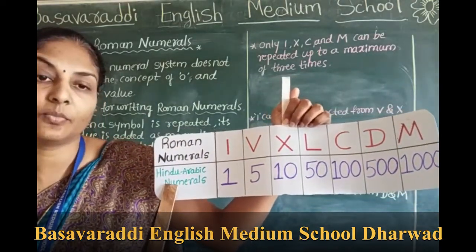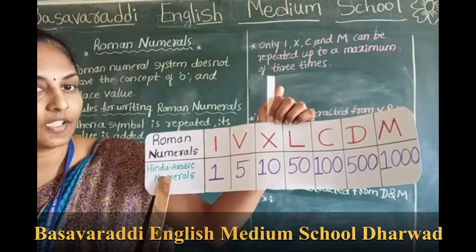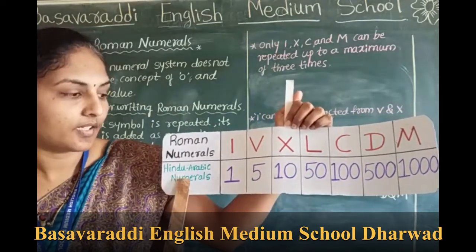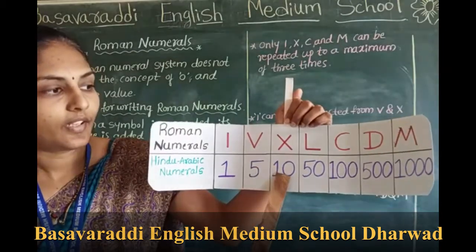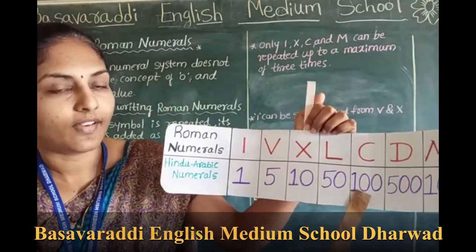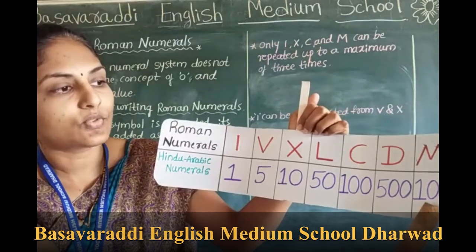What are the Hindu-Arabic numerals? It is nothing but the Indian numbers: 1, 5, 10, 50, 100, 500 and 1000.